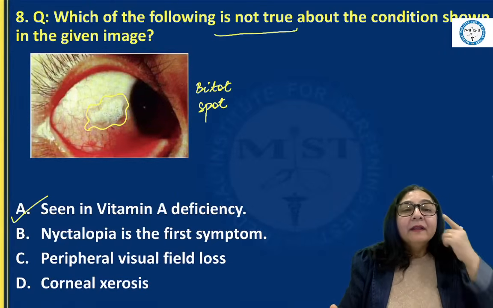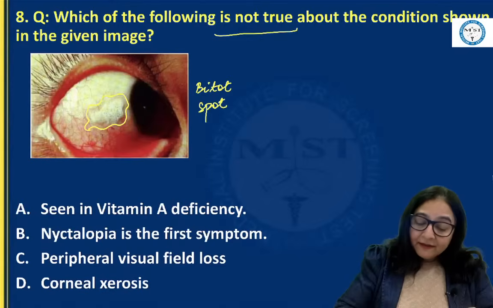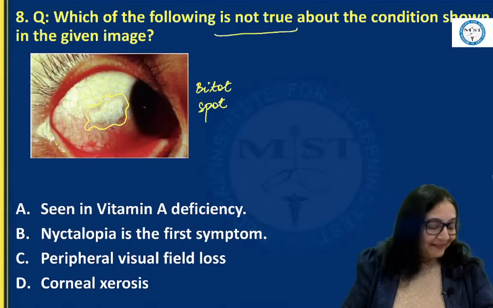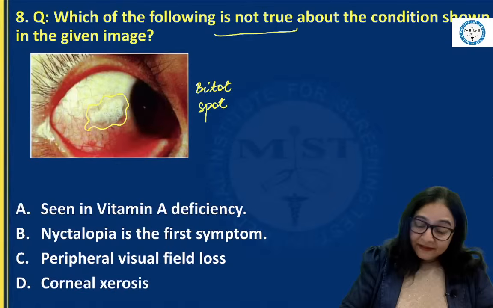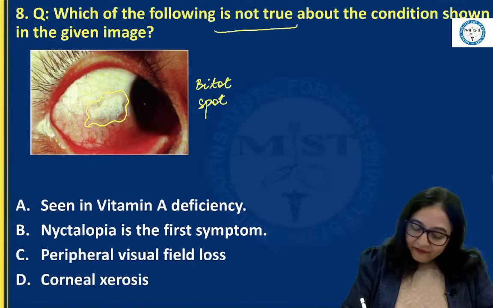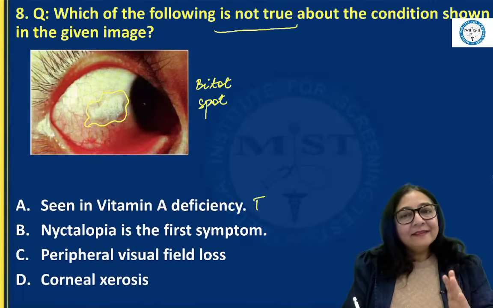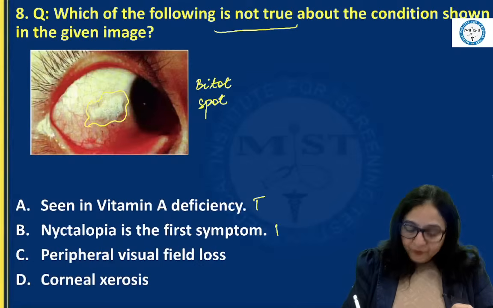okay. Now here the question which you have to mark is which is not true about this condition. So coming to the options, seen in vitamin A deficiency, that is true, I already told you. Nyctalopia or night blindness is the first symptom, that is true.